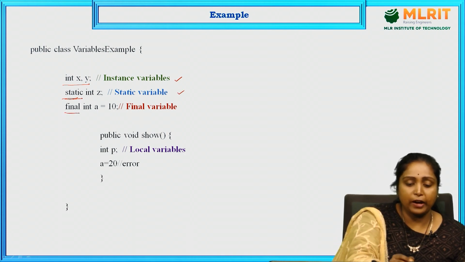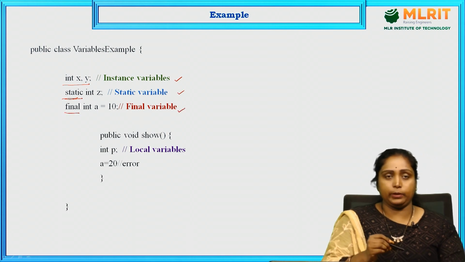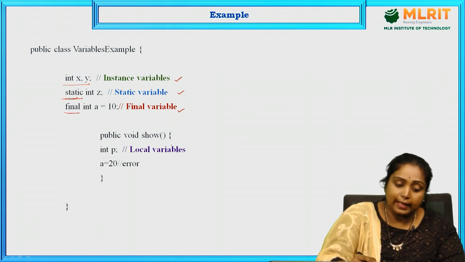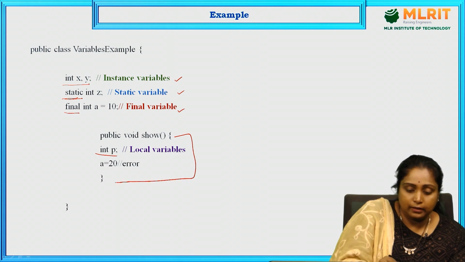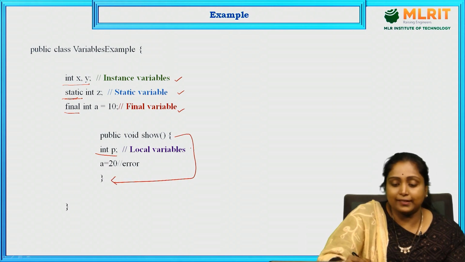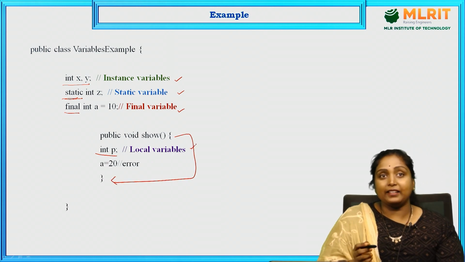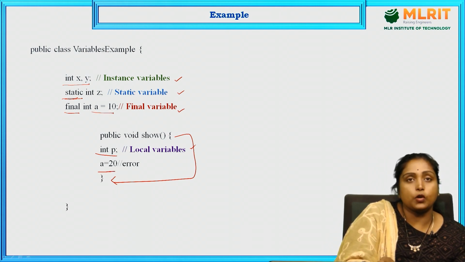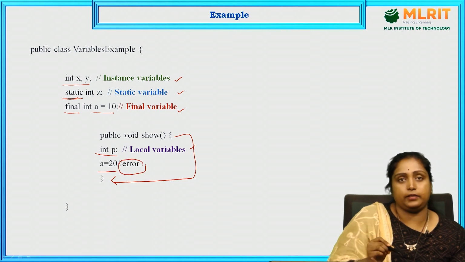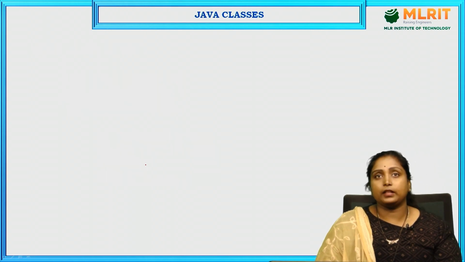When I use final, it became a final variable. Whereas whenever I declare a variable within a function, in between this block, it's a local variable. And here I have declared a equals to 10. When I want to change it in the method, it will return an error here.